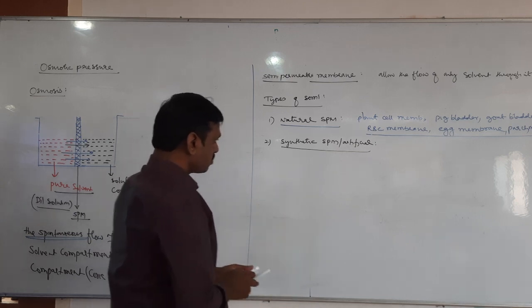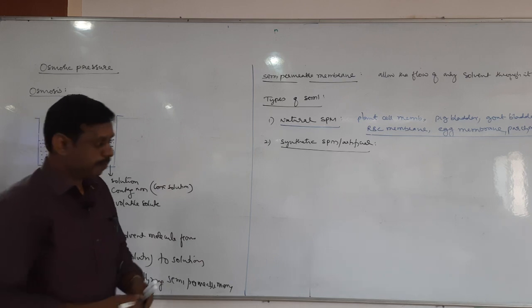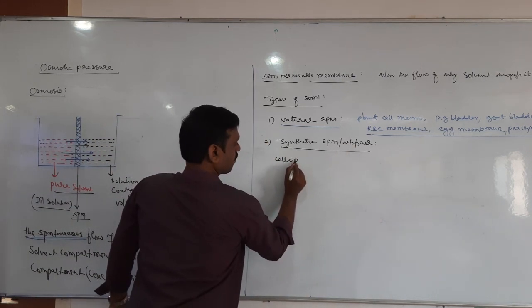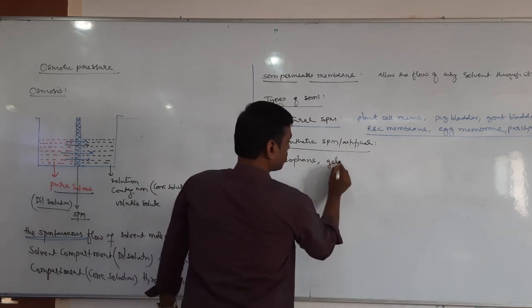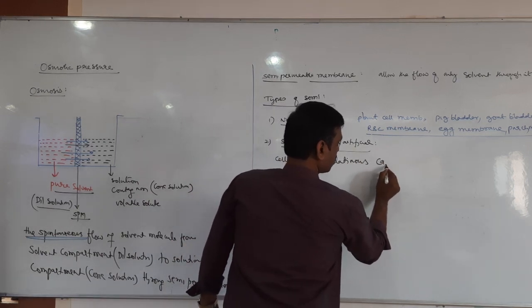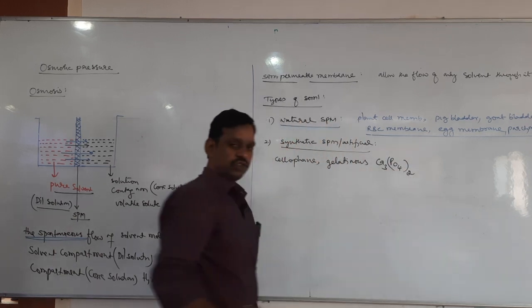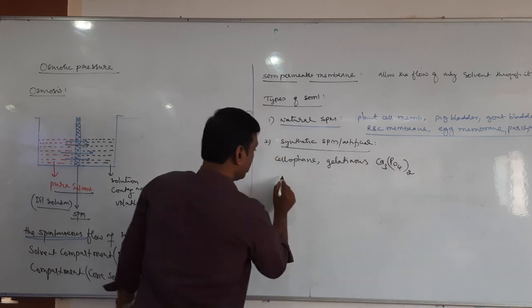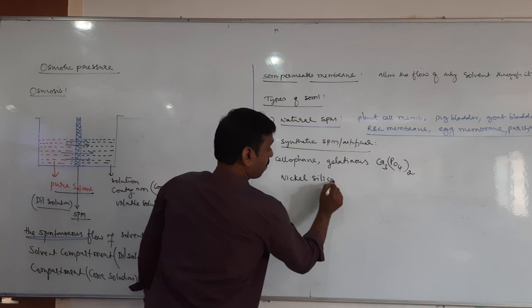Next is synthetic or artificial semi-permeable membrane. Cellophane, comma, gelatinous calcium phosphate, Ca3(PO4)2, gelatinous calcium phosphate, nickel silicate.